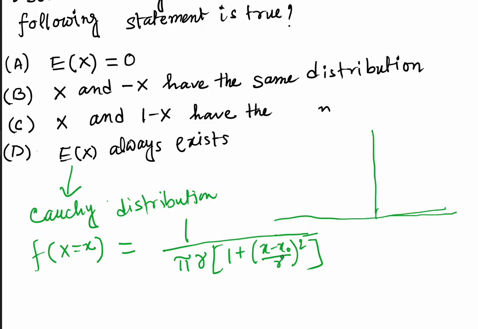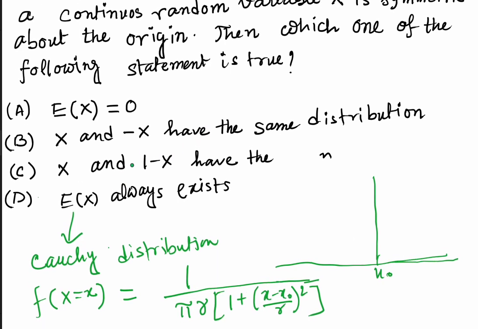You can see this distribution is symmetric about x0, but if you want to calculate its mean, the expectation of x, it does not exist. So at first appearance it seems E of X always exists, but actually this is not true.